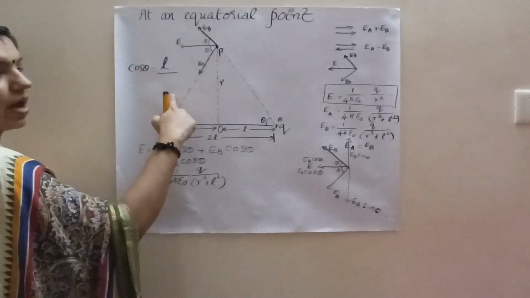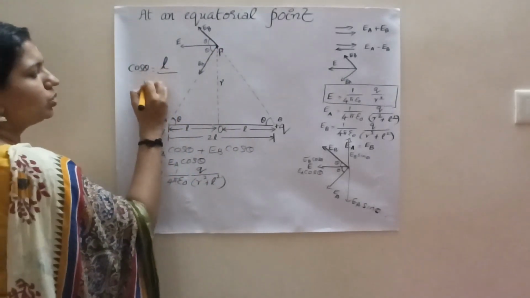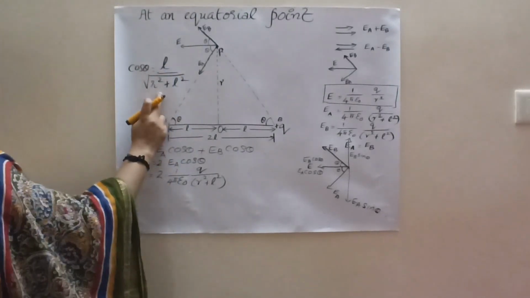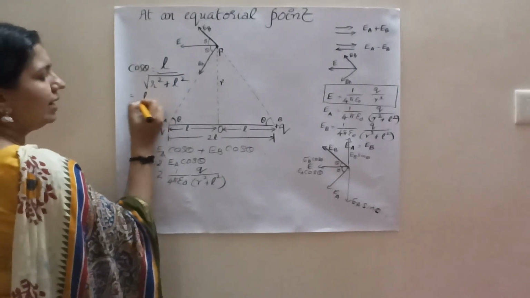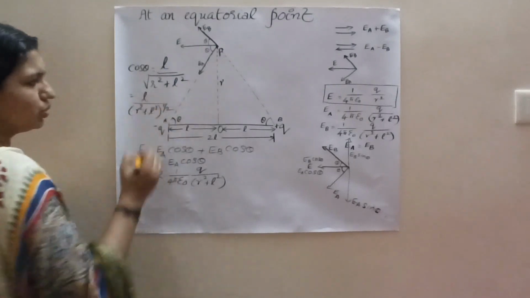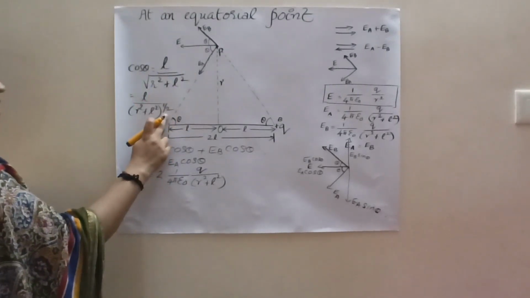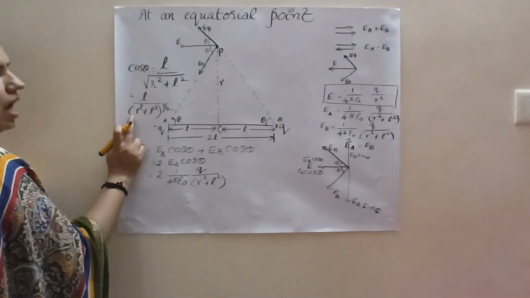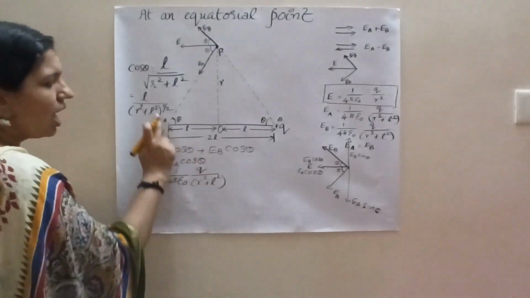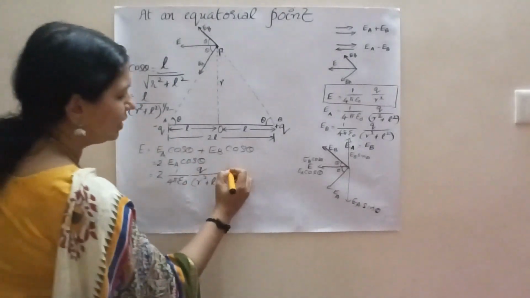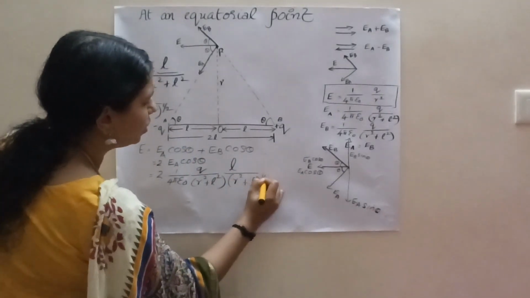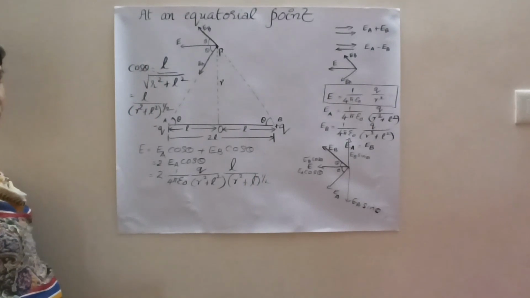Hypotenuse square is R square plus L square, so hypotenuse is root of R square plus L square. This can also be written as L divided by R square plus L square the whole raised to 1 by 2. So instead of cos theta, I can substitute the value L divided by R square plus L square the whole raised to 1 by 2.